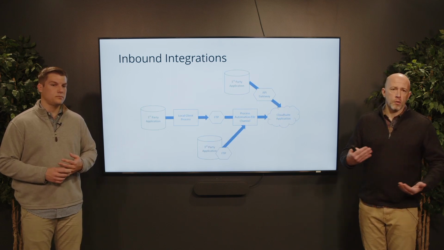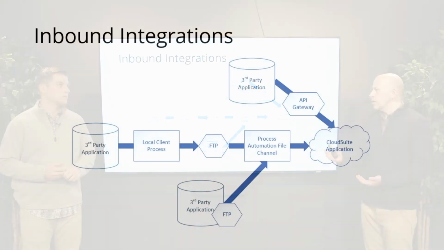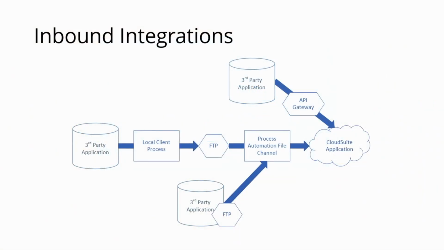On the flip side of that, of course, we have the inbound interfaces that are coming in. And again, these could be coming in from a third-party application that you've got in your on-premise data center. It could also be another third-party application that's in the cloud.